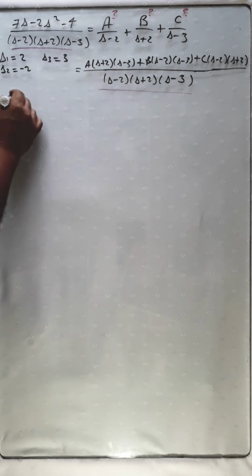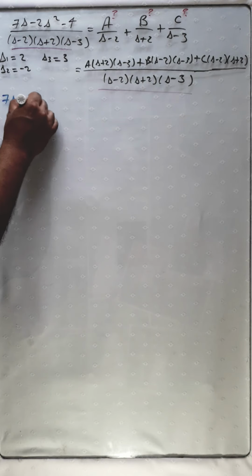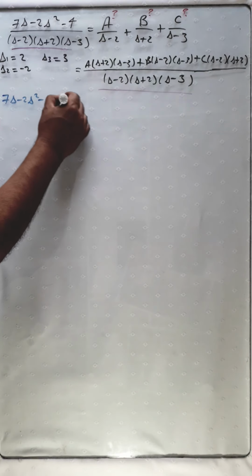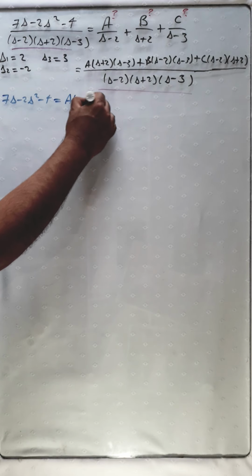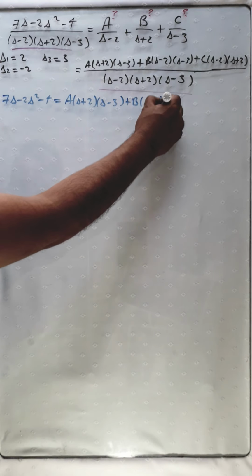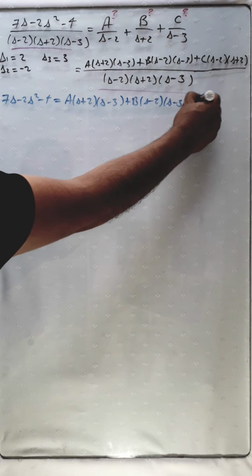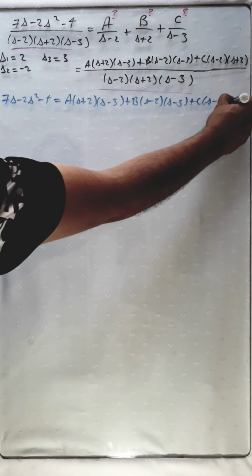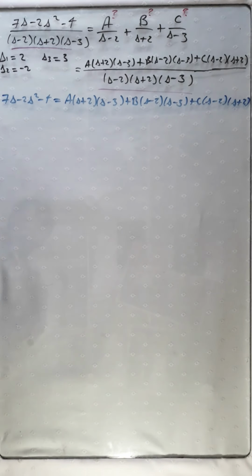The numerator is 7s minus 2s squared minus 4, equal to A times s plus 2, s minus 3, plus B times s minus 2, s minus 3, plus C times s minus 2, s plus 2. Okay, so those are the numerators. Now here comes something that I call the magic numbers.